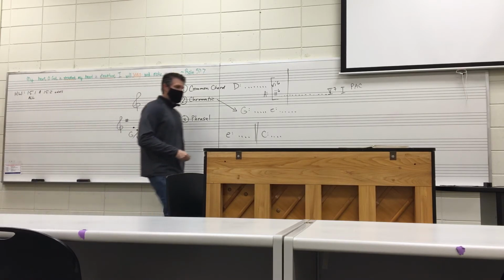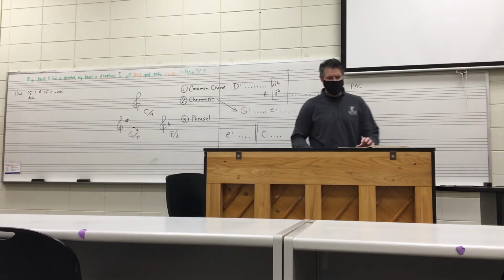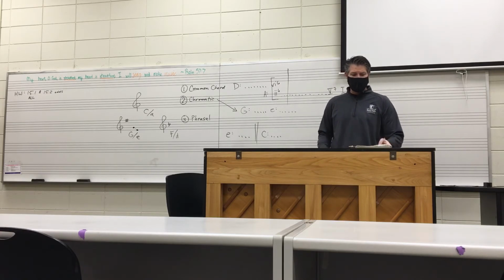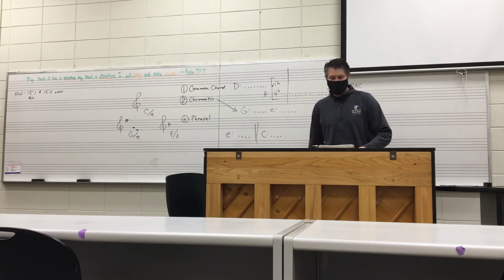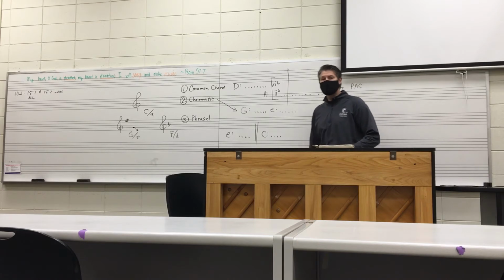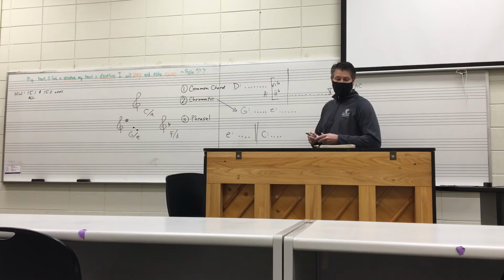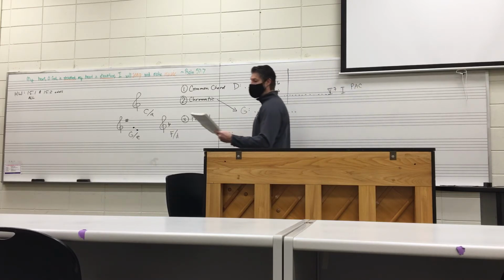Okay, let's take a look at it. Basically, they're just wanting you to identify closely related keys. And I have a preference here. And this requires a little bit of terminology that we need to dust off because we haven't used it in a little while.